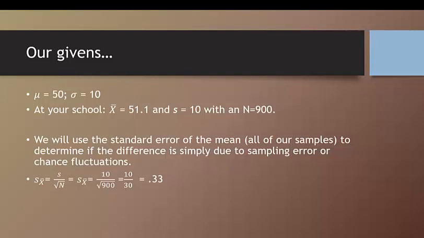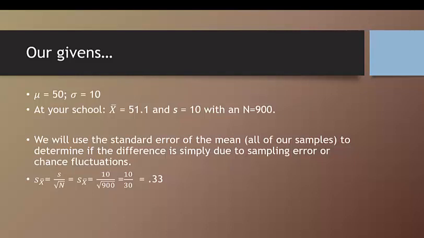So our standard deviation was 10, and our n was 900. So that equals 10 over 30, or 0.33. So our standard error is 0.33. Now, we need to find that in our sample. Our students are our sample, so we need to find that within our sample.